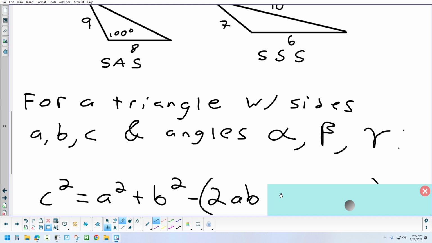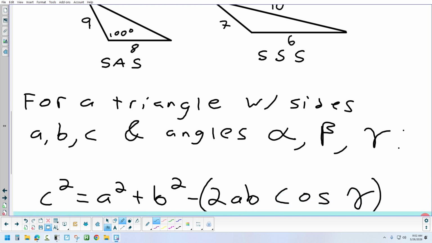Okay, so let me read you the formula, but I'm going to read it more as a pattern than actual letters. The pattern for the law of cosines is: one side squared, any side, equals the sum of the other two squared minus twice the product of the other two times the cosine of the angle across from the side you started with.